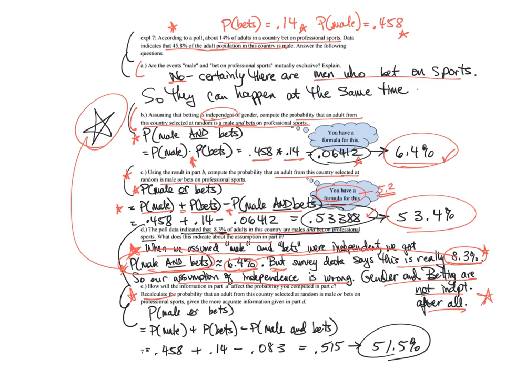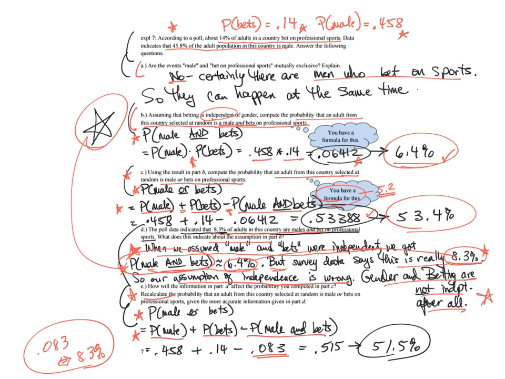All right, so when I did that, I laid down my generic probability of male or bets. I'm using my formula that says it's the probability of male plus the probability of bets minus the probability of male and bets. But in this case, I'm going to subtract off the survey data, 0.083, which is just the 8.3% that the survey data told me.